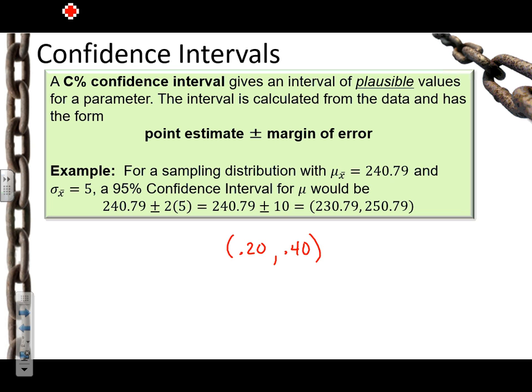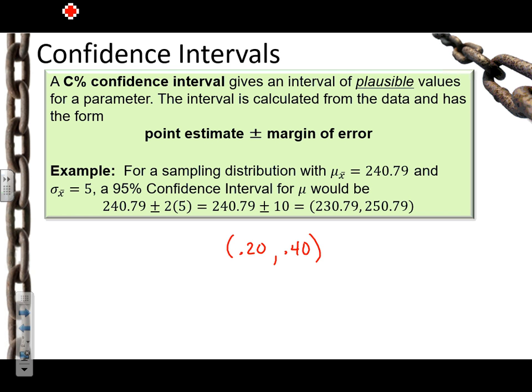So think about how we created our interval here. We took a point estimate, added a certain number, and subtracted a certain number. In the actual example here, we took 240.79 and we added 10, and then we subtracted 10.